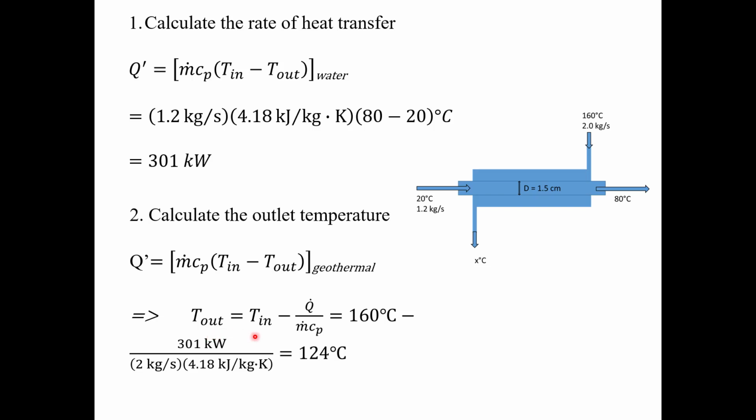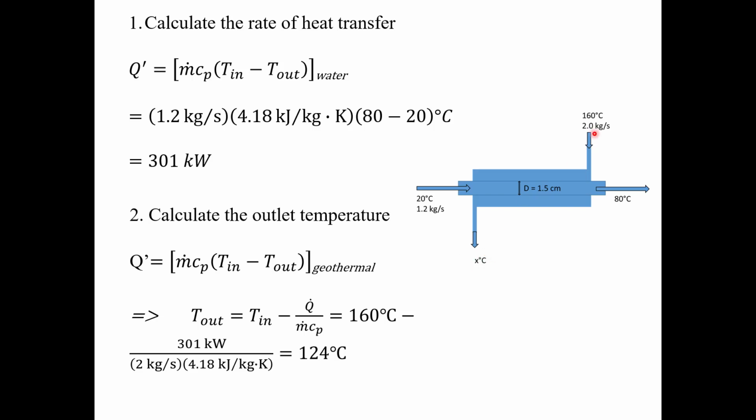And then we have the equation in the form of T out equal to T in minus Q over m Cp. We know all these values, so if you plug the values in the equation, we know what is the outlet temperature of this hot fluid.